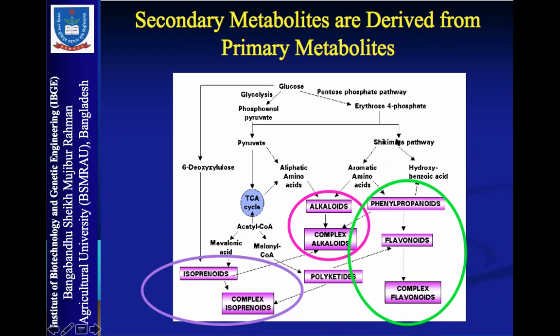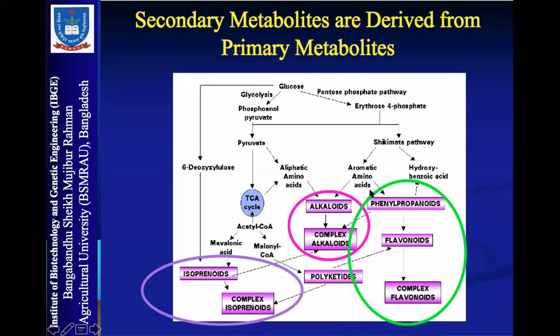Similarly, aromatic amino acids are also generated in the cell through the pentose phosphate pathway, which results in erythrose 4-phosphate, and then erythrose 4-phosphate converts into shikimic acid. And shikimic acid, there is a pathway in the cell, and lots of enzymes are involved there. So from the shikimic acid pathway, aromatic amino acids are produced, and they are used.